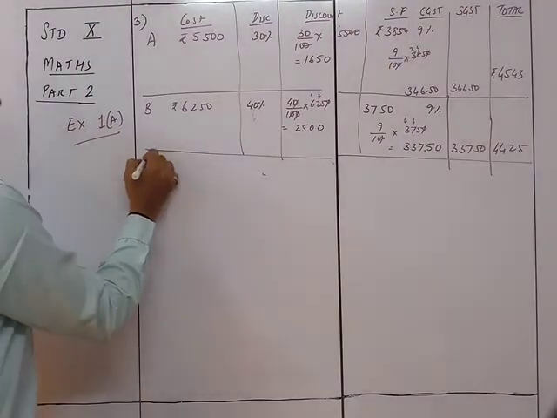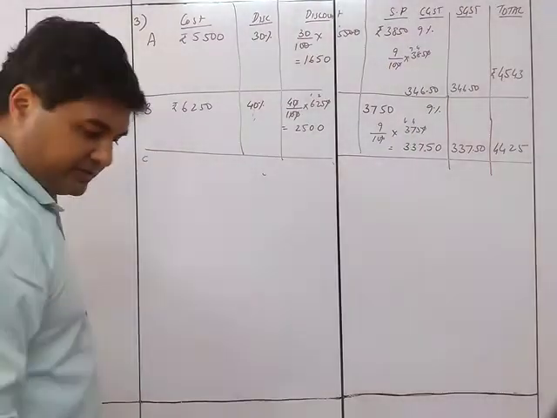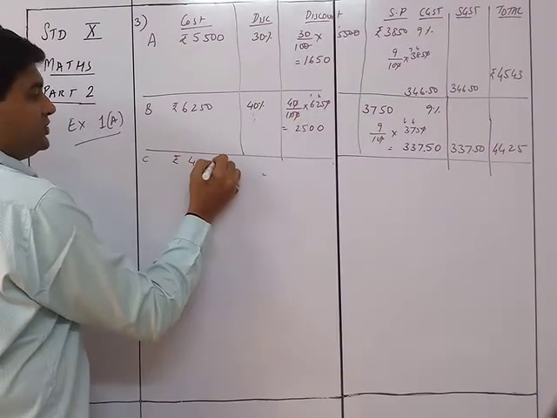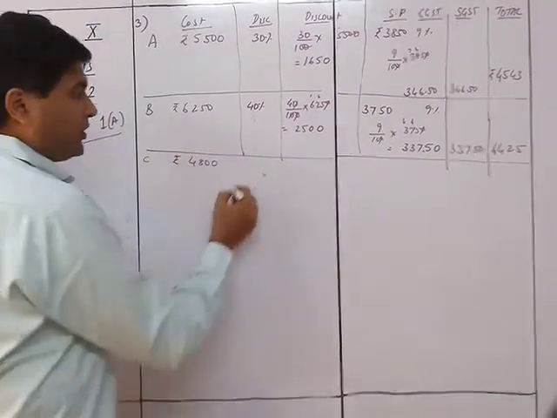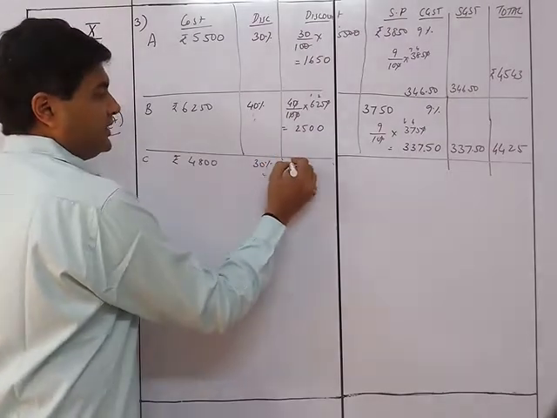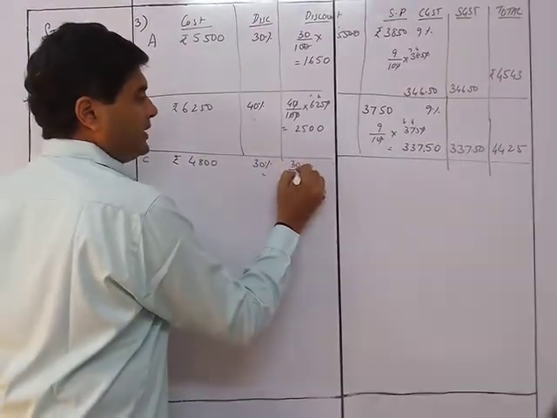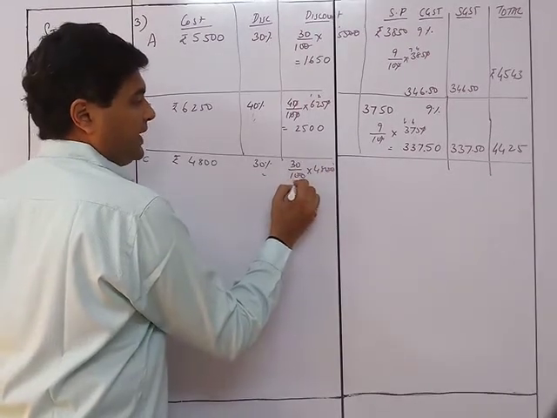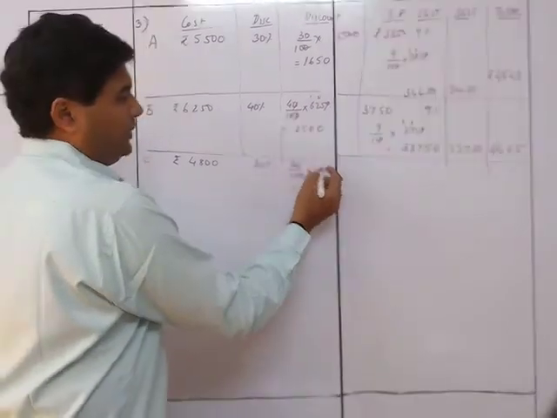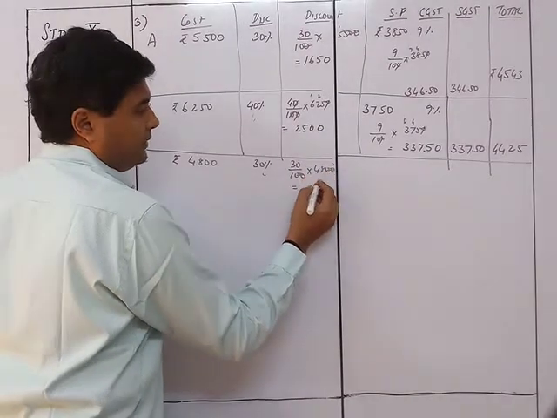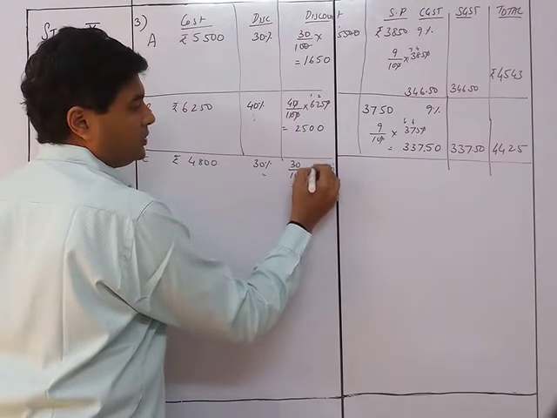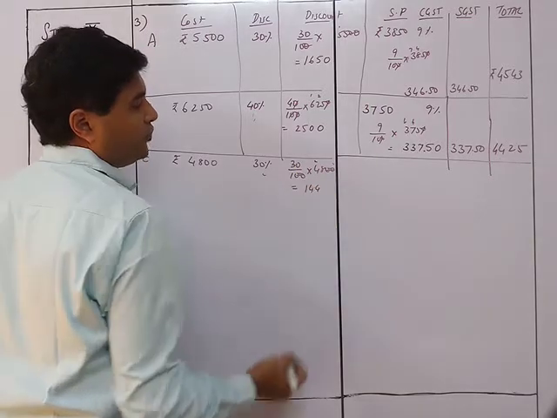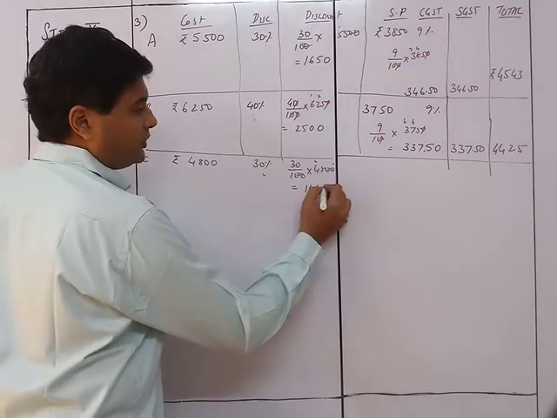Now see the C part. He is getting an amount of rupees 4800 and a discount of 30%. So it is 30 upon 100 into 4800. That will give me 1440.